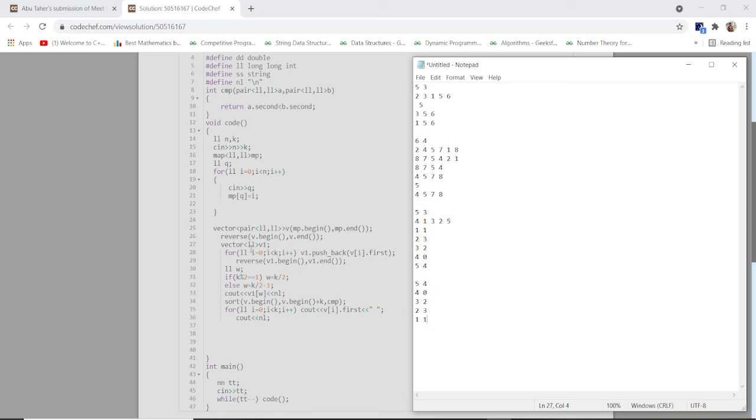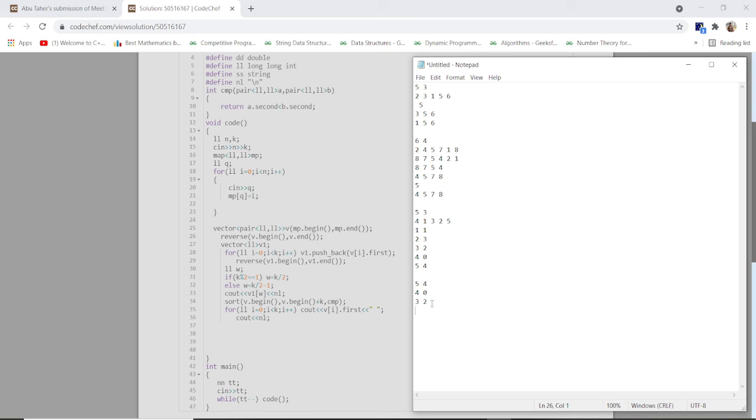After that I put the first k values in a vector, so I put 5 4, 4 0 and 3 2, because the subsequence length is 3, so I take 3 numbers and delete the last 2 of them. And after that I reverse them again.